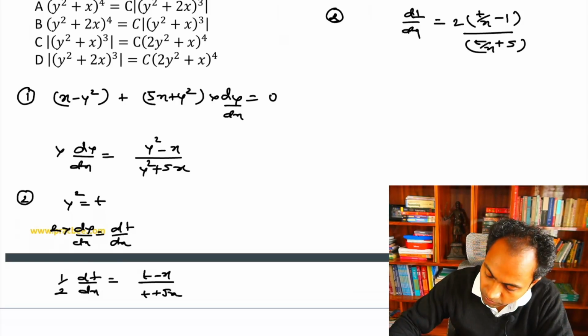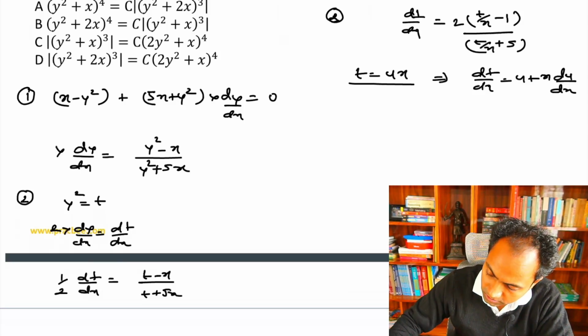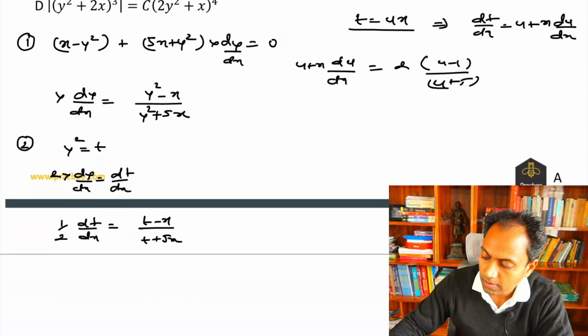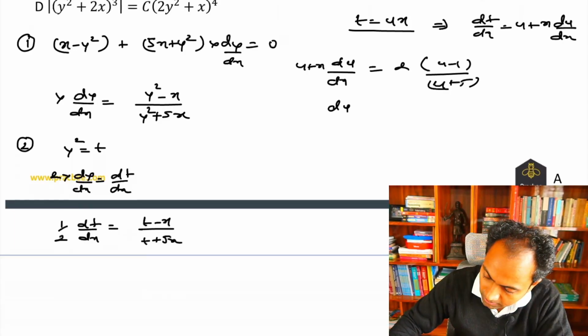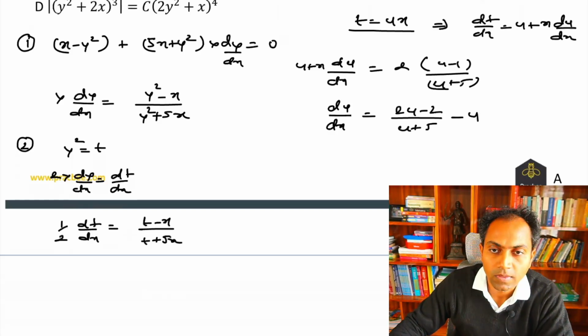And now we can put t is equal to ux. That would mean dt by dx is equal to u plus x du by dx. If I substitute this, we get u plus x du by dx is equal to 2 times (u minus 1) by (u plus 5). If I want to solve it like we do in any homogeneous equation, we will take u on the other side and simplify things.